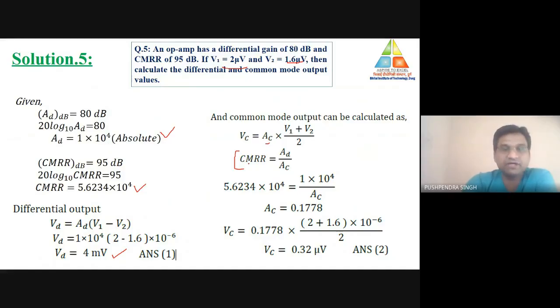Also, we have converted that CMRR into normal value, 5.6234 into 10 to the power 4. So from there, we may easily calculate the value of AC. So AC is 0.1778. Now substitute the value of AC here in this particular equation. So from there, the value of the common mode output is 0.32 microvolts. So this is how we may easily calculate the value of differential mode and common mode output values.